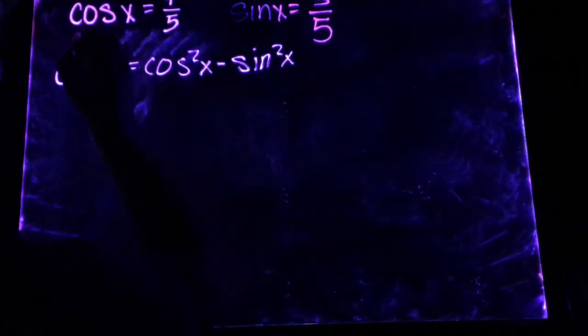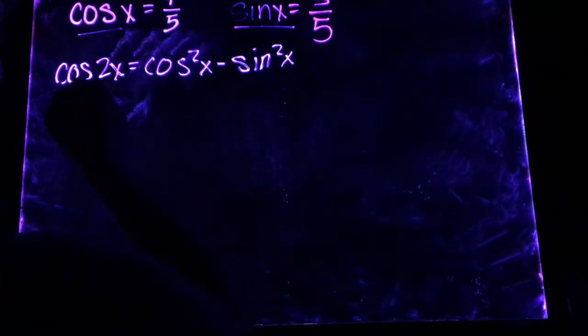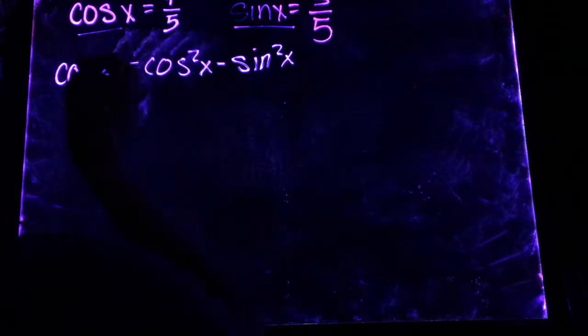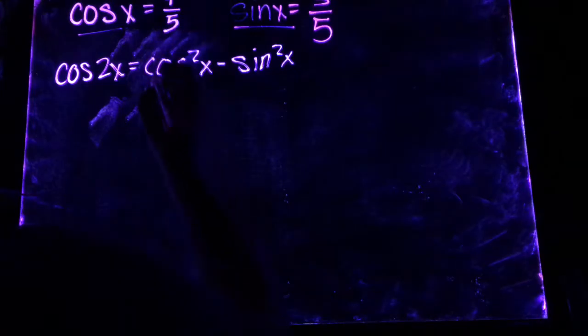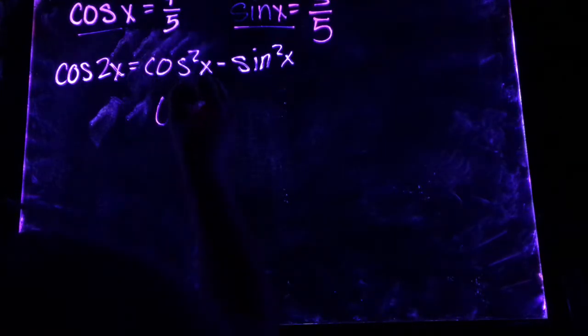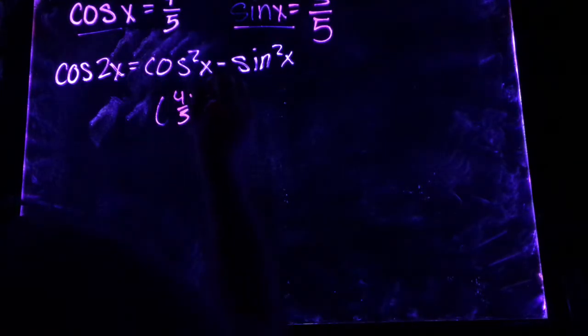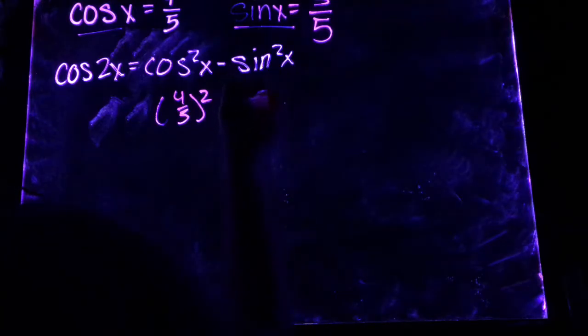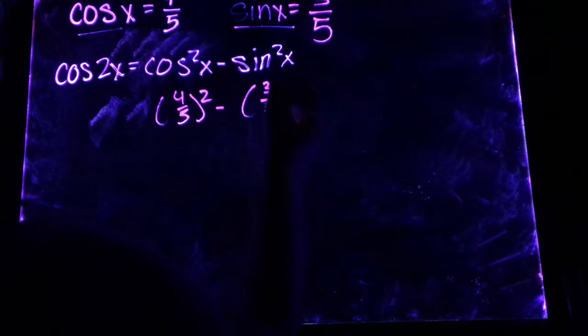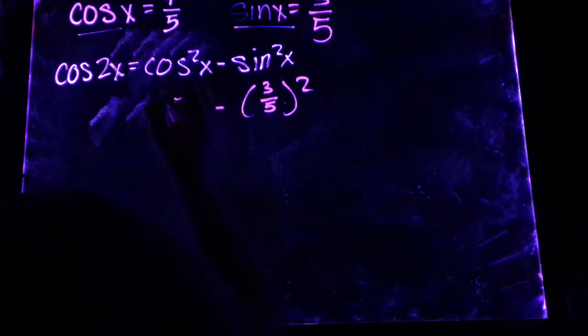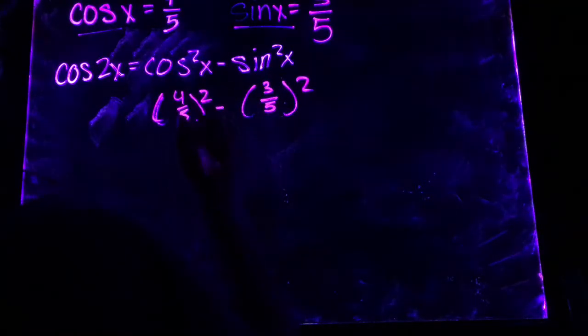Okay, so now that we have our cosine and our sine, we can plug them into the equation and solve for cosine of 2x. So cosine squared x is equal to 4/5 squared, and sine squared x is equal to 3/5, so you can do minus 3/5 squared. And then square your numerator, square your denominator.